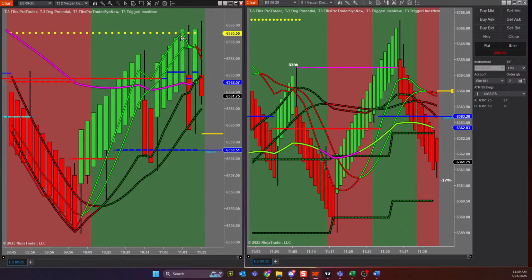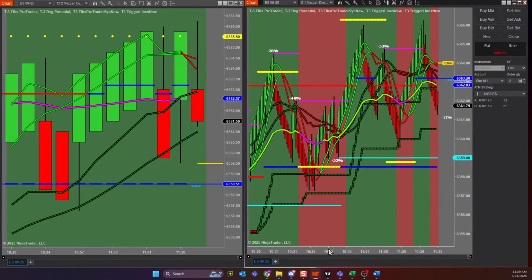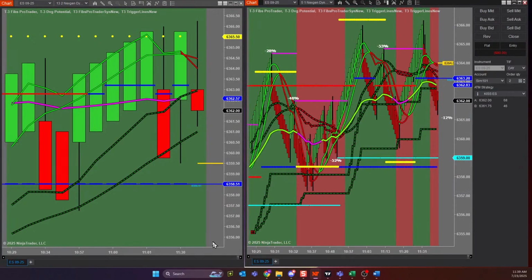You see it? Nope, sorry, that's 4 hits. 1, 2, 3, 4. And no break. And they still can't get below the large triggers. I don't know what's going to happen. But now my small triggers are rolling. So my fast moving average has changed down.